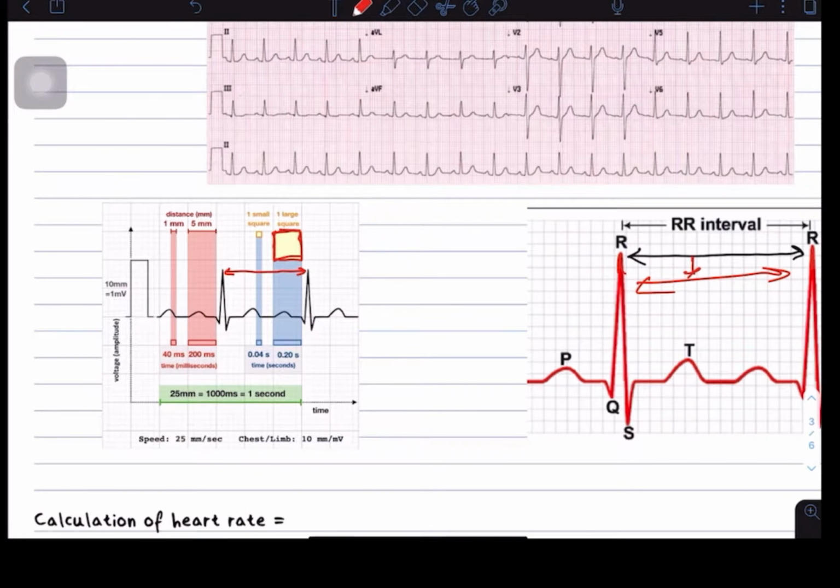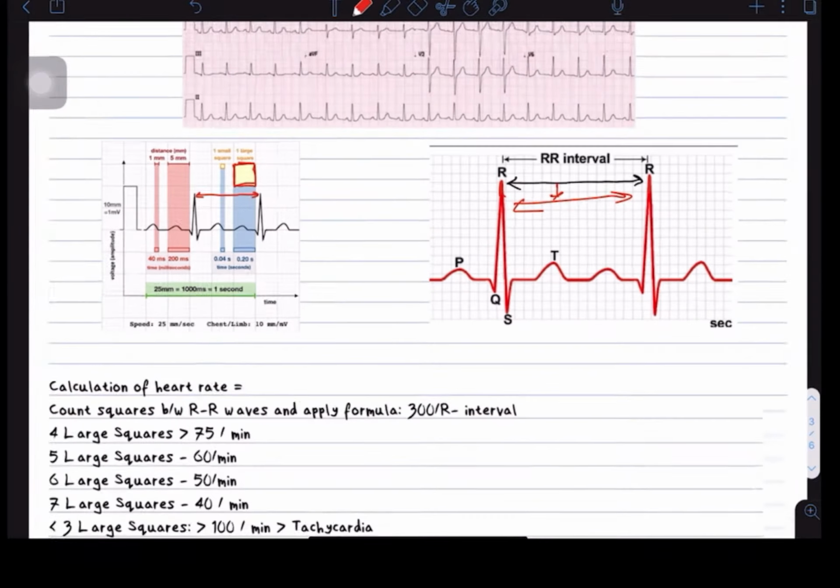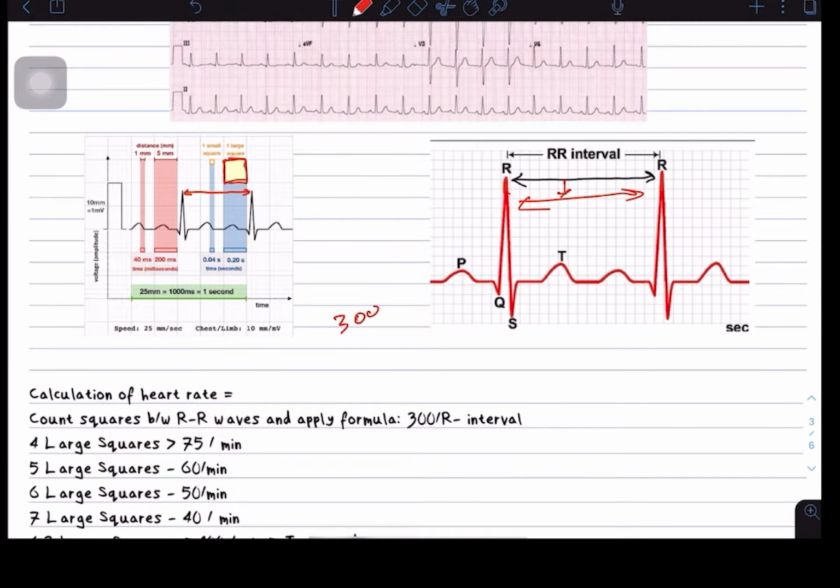So we measure how many of these are present between the RR interval, and then we divide 300 by the number of boxes present between the RR intervals, which will help us to find the heart rate.